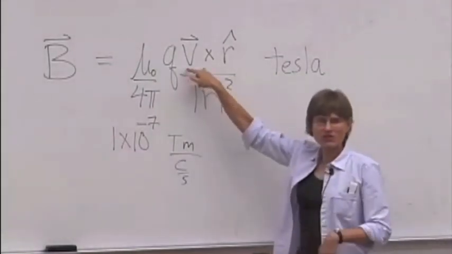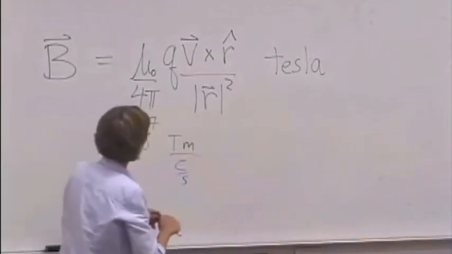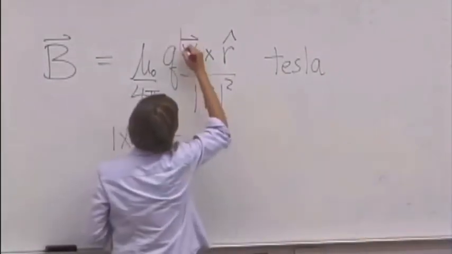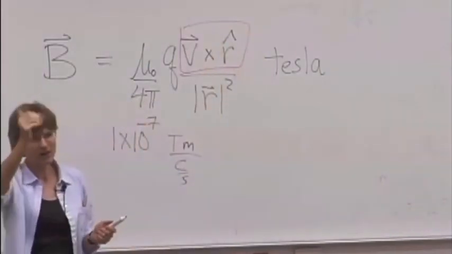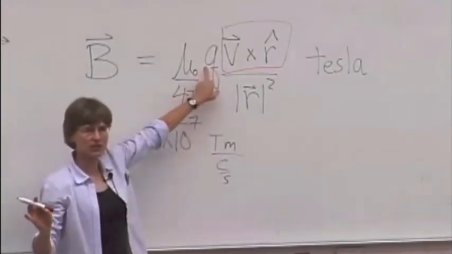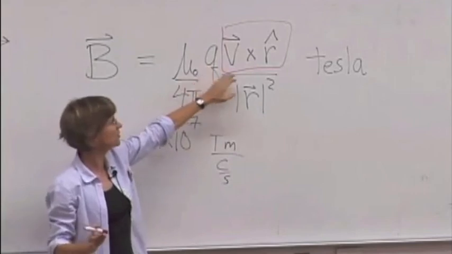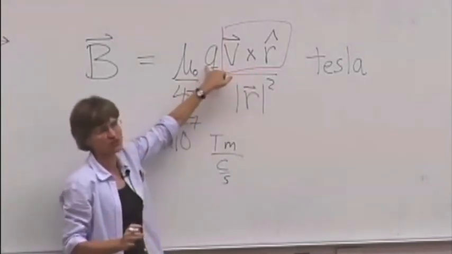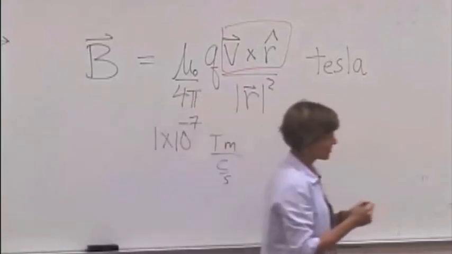You can get the direction. Now, the key part for getting the direction, everything matters for the magnitude, but for the direction, the first thing you do is V cross R hat, right hand. And the second thing you do, exactly what you were just doing a minute ago, you say, what's the sign of the charge? If it's positive, it's in the direction of V cross R hat. If the charge is negative, I have to flip it. And that's basically all there is to it.